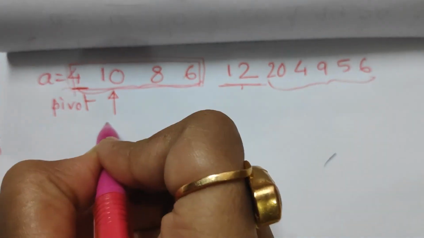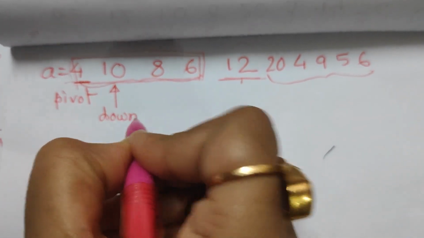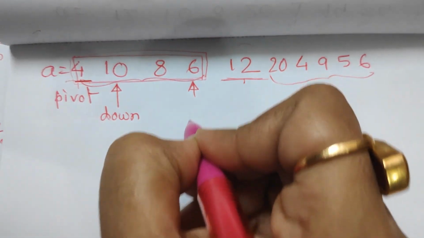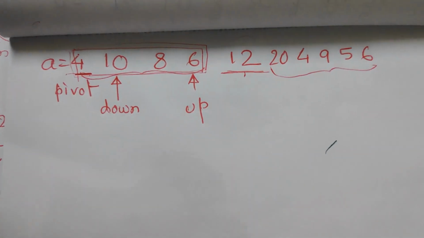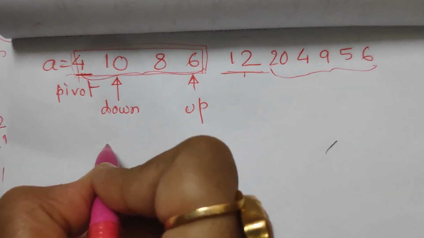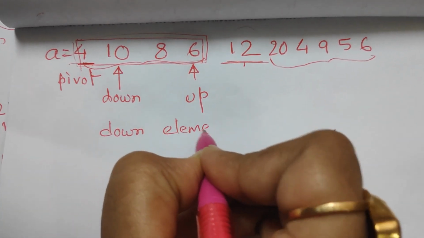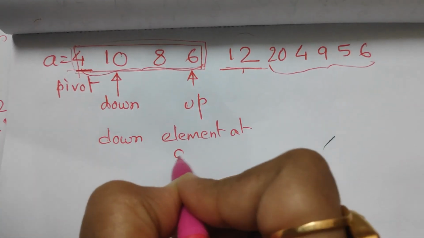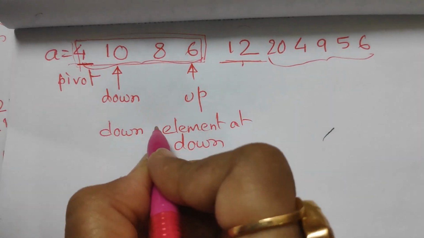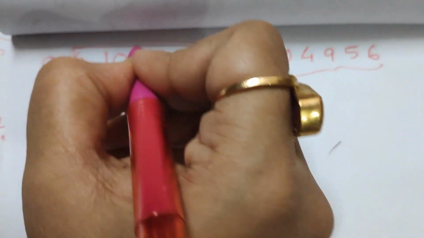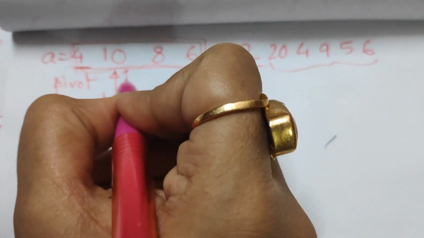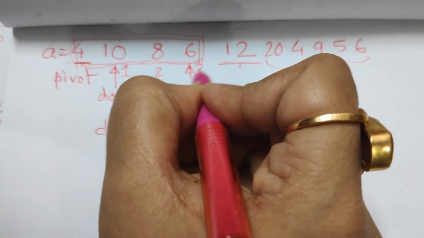This is our down value and this is our up value. Correct? So this is down and this is the element at down. The down value is index number 1, this is index 1, this is index 2, this is index 3.